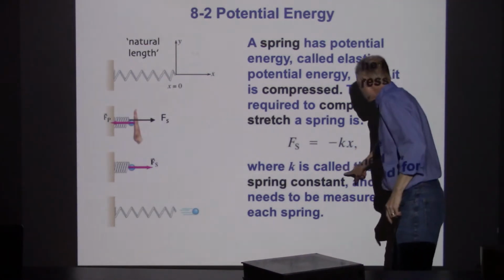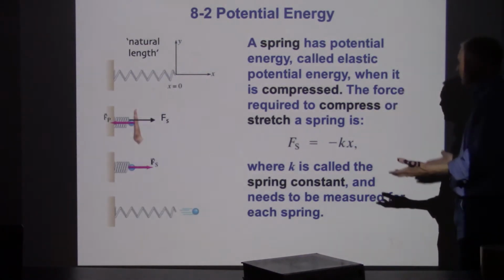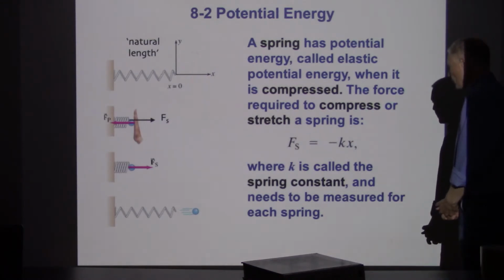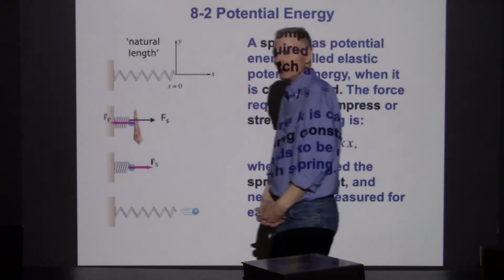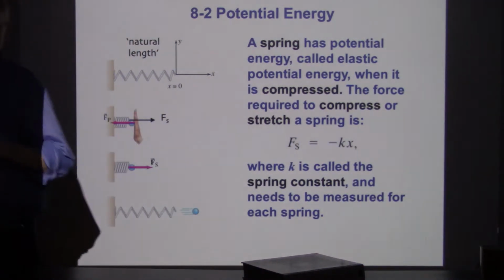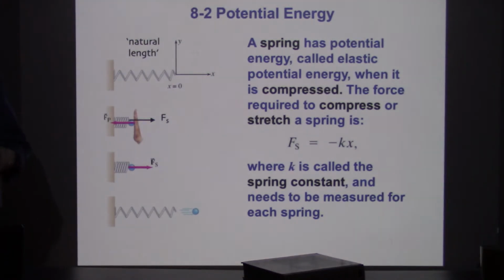K is called the spring constant. At times I'm going to call it the force constant, so be prepared for that. It needs to be measured for each spring, so each spring could have a different value of K. There's no constant value that applies to all springs. Individually, springs have their own spring constants.